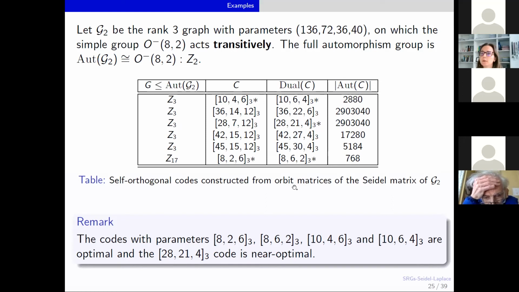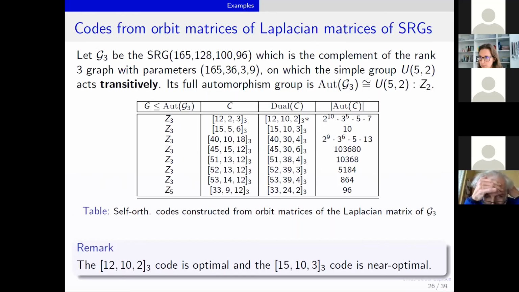Here we've taken the rank 3 graph with these parameters on which an orthogonal group acts transitively. It has a huge automorphism group, and you can see that some of the codes that we obtain here are ternary codes that were satisfying the conditions, and some of them have huge automorphism groups. Even more, you will see even bigger automorphism groups.